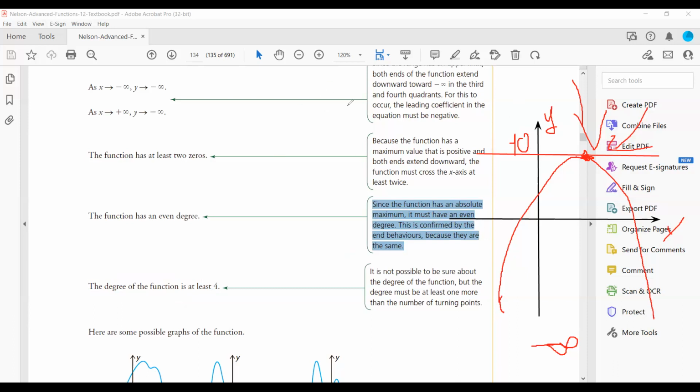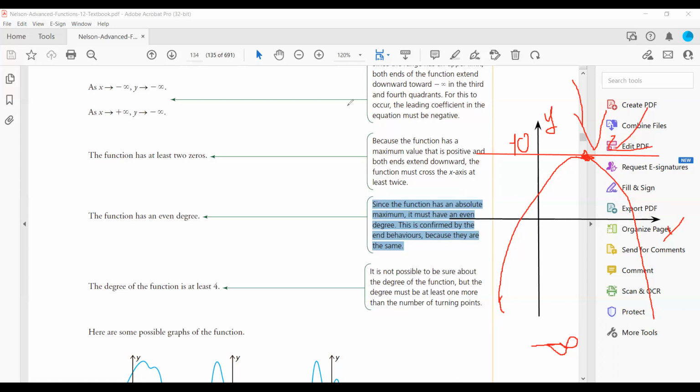This brings us back to the part where we say there are many different graphs that may correspond to your characteristics, but they won't represent the particular function that you're trying to find. So it is not possible to be sure about the degree of the function, but the degree must be at least one more than the number of turning points.